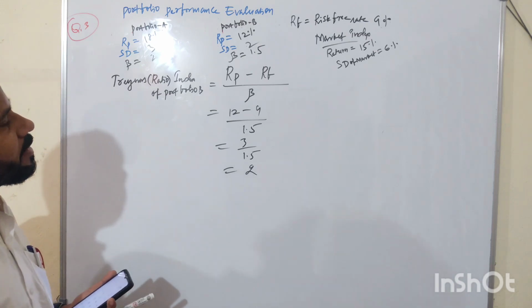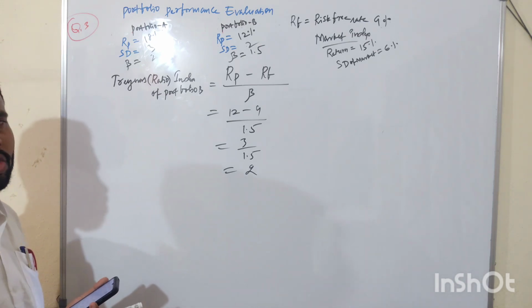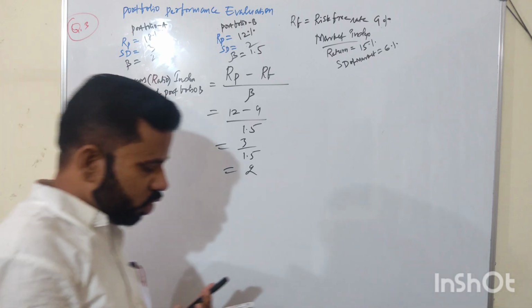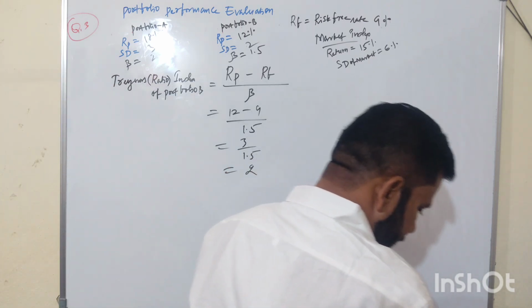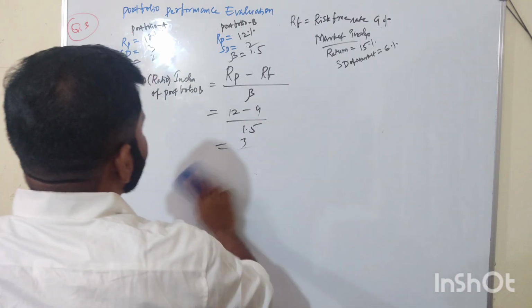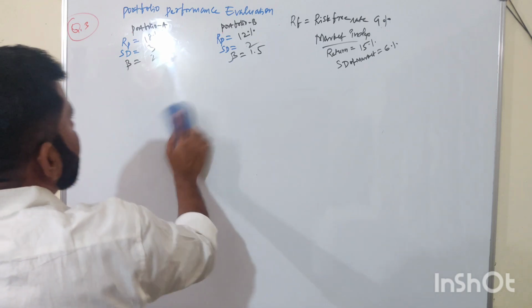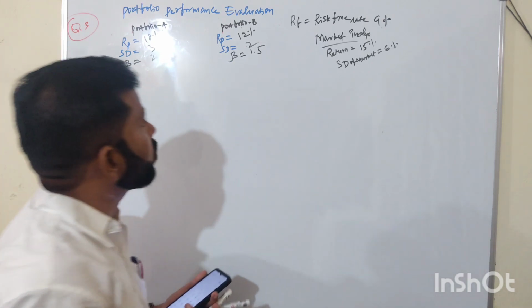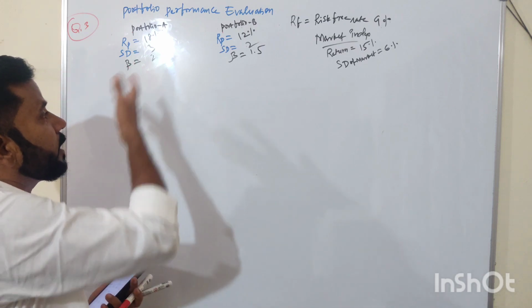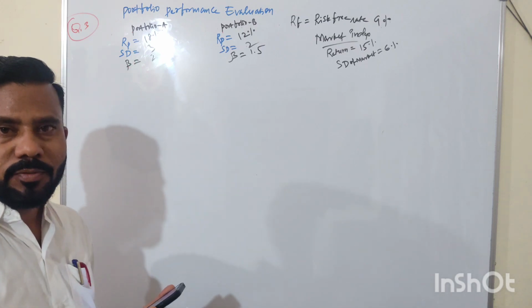Okay, so let's calculate now the Sharpe index or Sharpe ratio. In order to find the Sharpe ratio, we need the standard deviation. Already it's given in the problem.